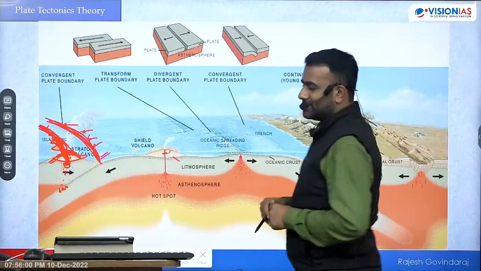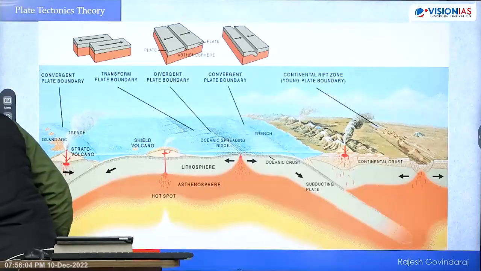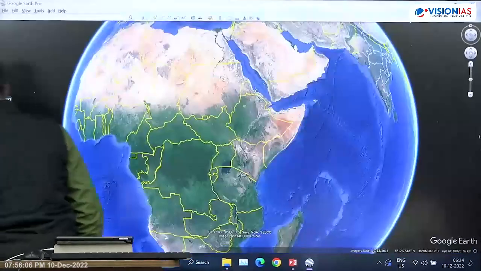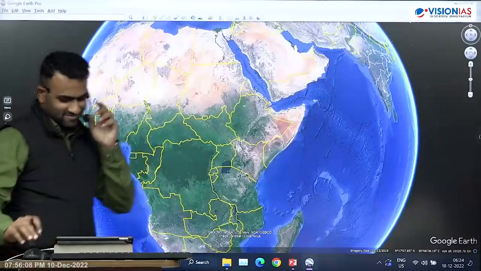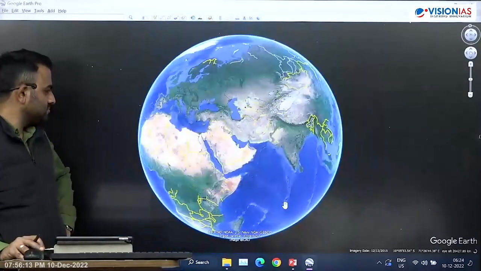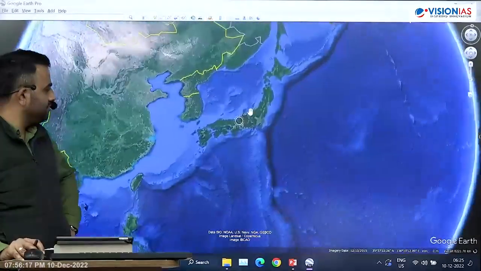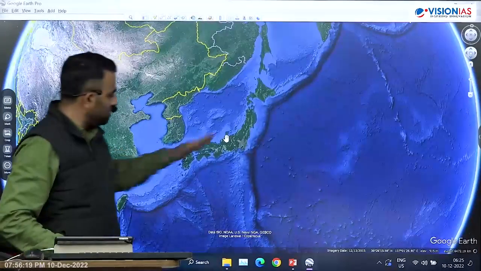Island arc. Any examples? There are many such island arcs. Hawaii Island नहीं है. Can you see Japan? This Japan and this is trench.